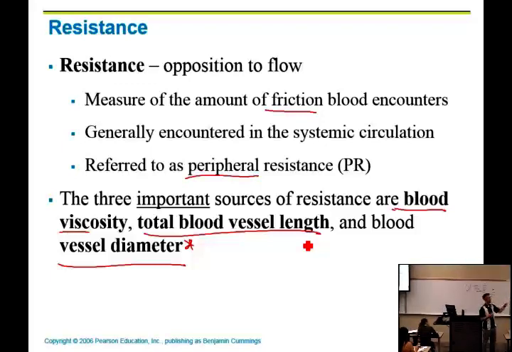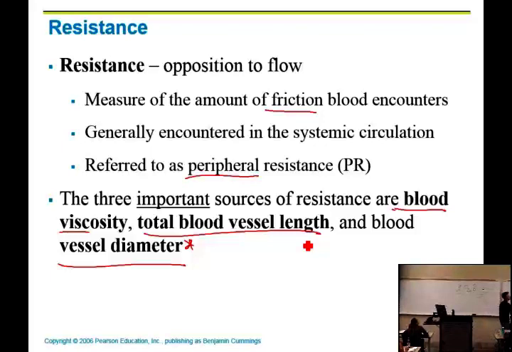So blood vessel length, depending on how far the blood is going, is also going to affect that resistance because it's going to be dragging the whole way. But we can't do too much about that, right? You can't use the sympathetic nervous system to shorten up your blood vessels and make the resistance go down. We have to make sure that they go out where they need to go. So we don't really change that, but it has a factor.